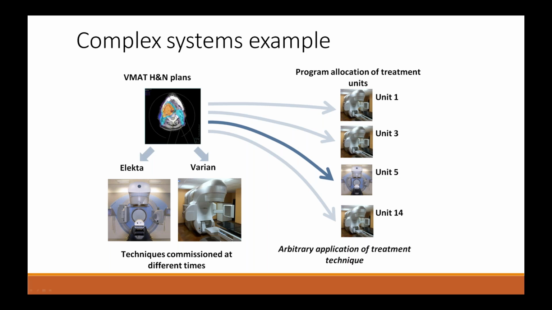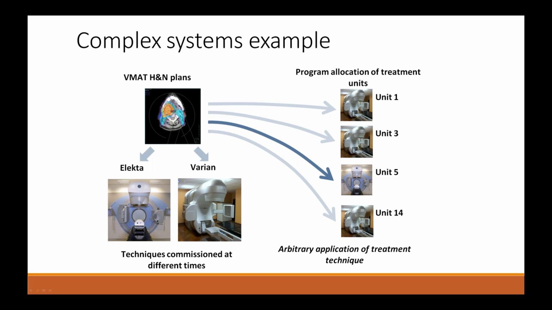So because we had, in effect, an arbitrary application of a treatment technique, that situation changed over time once the Elekta machine was commissioned for VMAT. But because we had the treatment commissioning happening independently of the allocation of treatment units, nobody on either side of that divide was able to do the forward thinking to see how we could bring everything together smoothly.